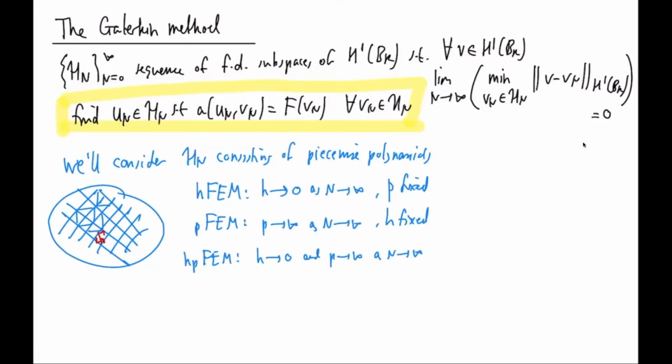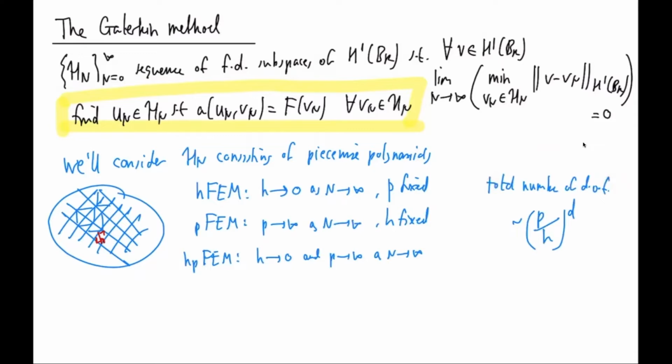These are three different choices of things you can do, and I want to note for later that the total number of degrees of freedom of my subspace is proportional to (p over h) to the d. Again, I'm assuming that the elements of the mesh are all roughly the same size, so the total number of degrees of freedom is like (p over h) to the d.